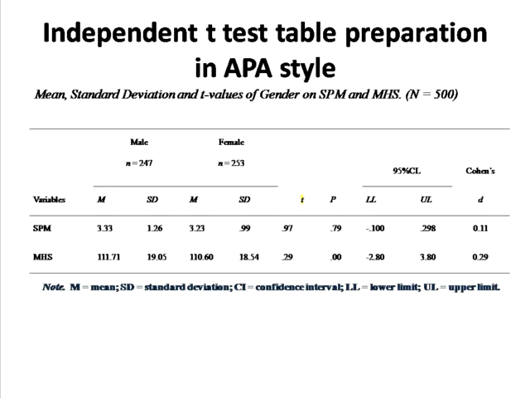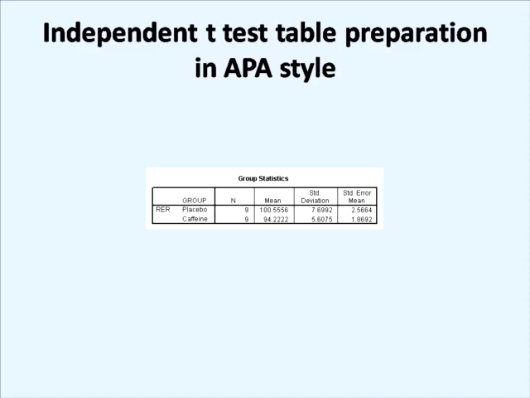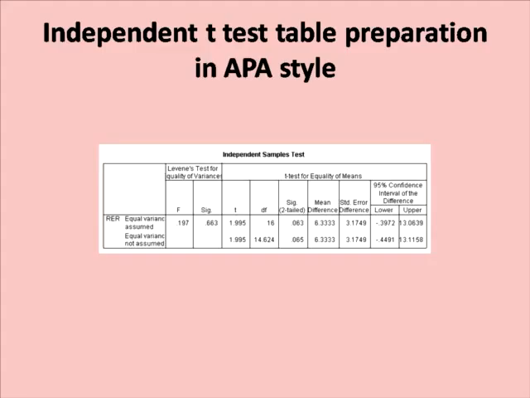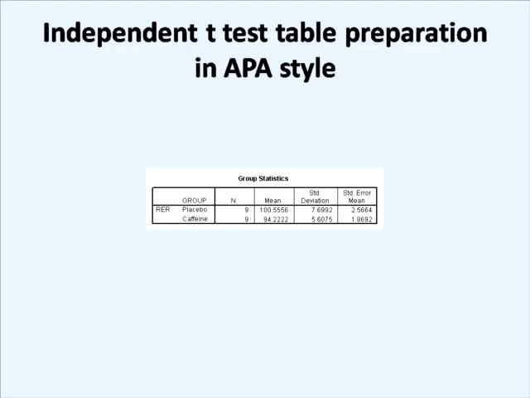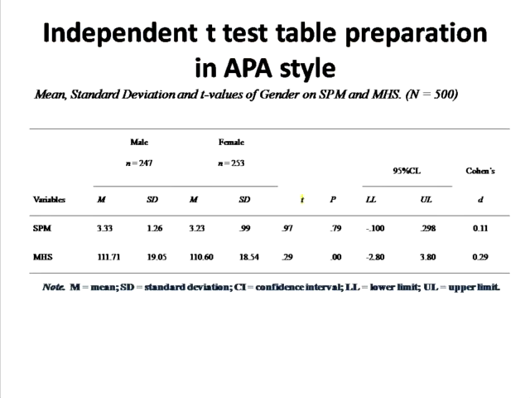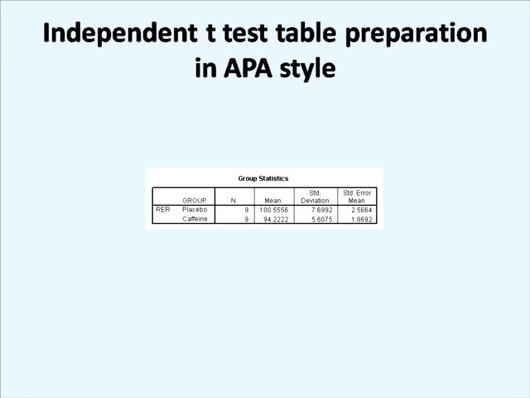Now we put the values in this format from the group statistics table and the independent samples test table. We put the mean and SD in the first table. There are two groups, so two rows, first and second.